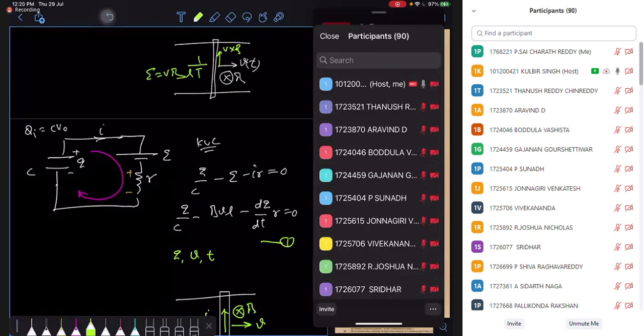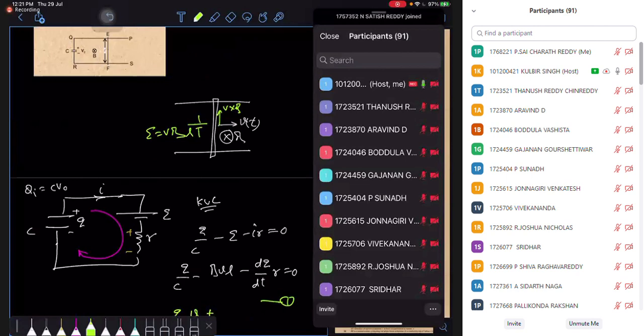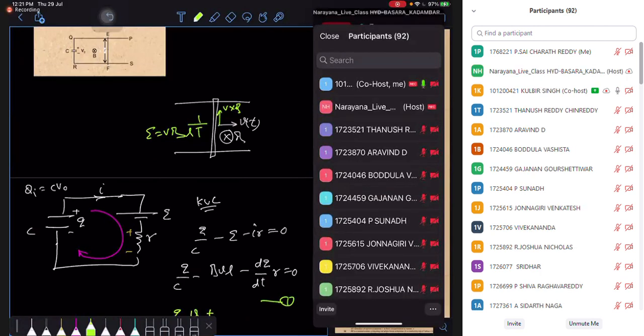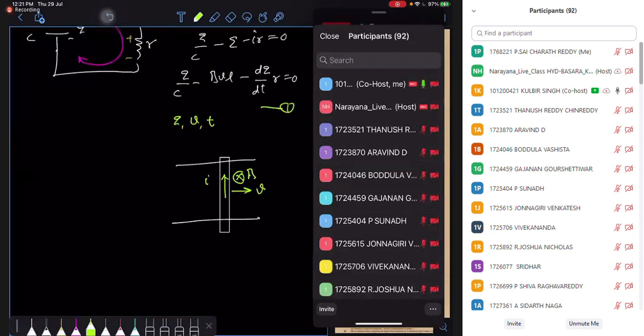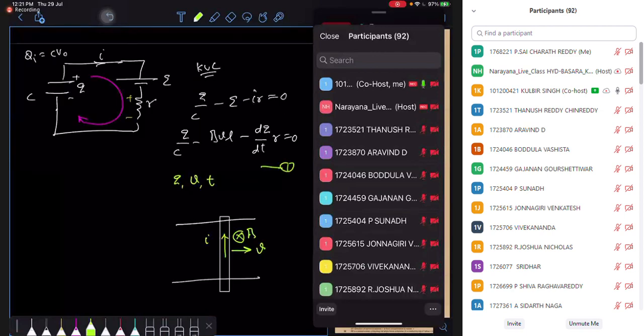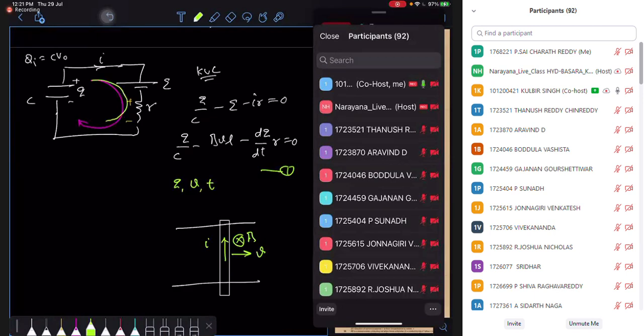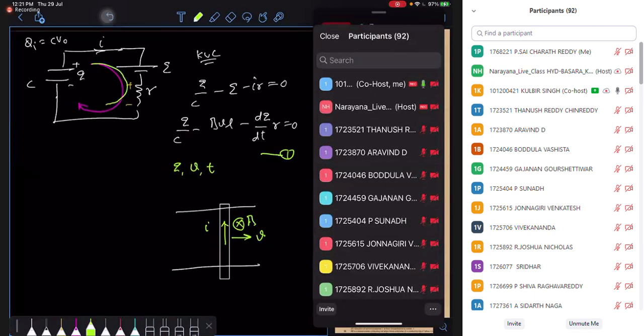The direction of force is decided by the direction of my current. In the circuit, I have assumed the direction of the current to be clockwise.